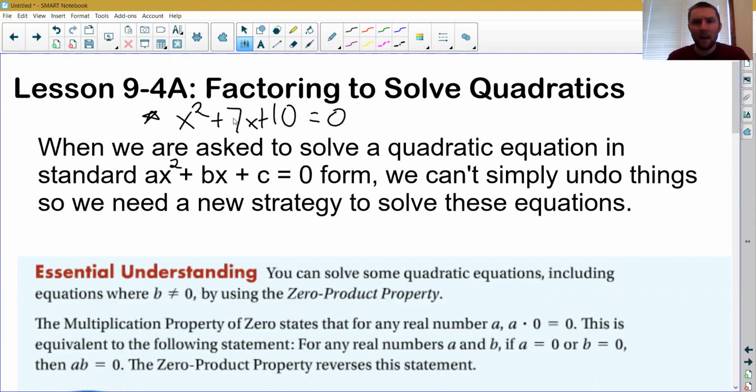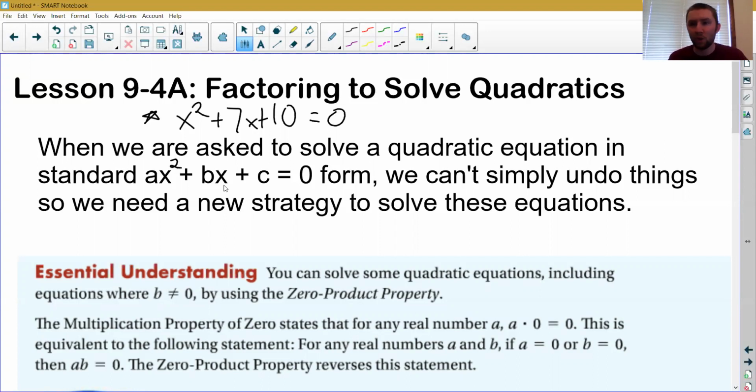Because we now see the x variable showing up twice in this equation, once here with the x squared and once here with the x term in the middle, we can't just undo things like we did in the last video. When the variable shows up more than once, we cannot just undo things and end up square rooting things and so on.